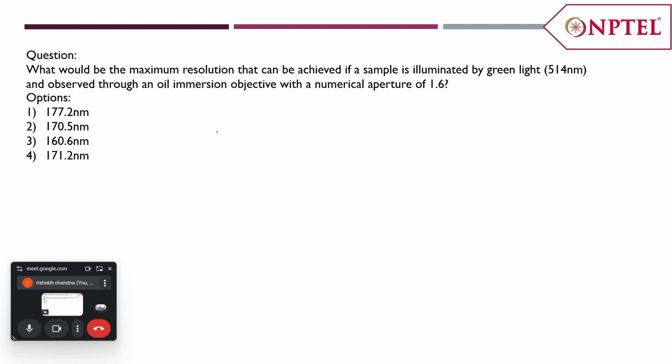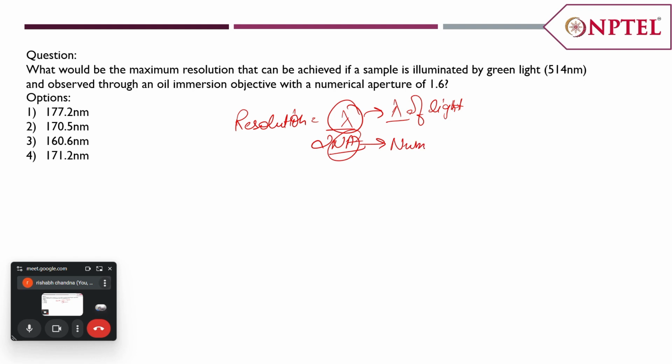So the formula for the resolution is lambda by 2 into NA. Lambda here is the wavelength of the light that is being put upon the specimen. NA is the numerical aperture of the objective that is being used to direct the specific wavelength of light onto this particular specimen.